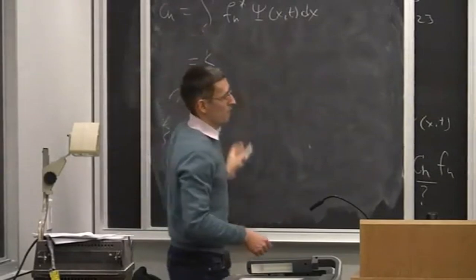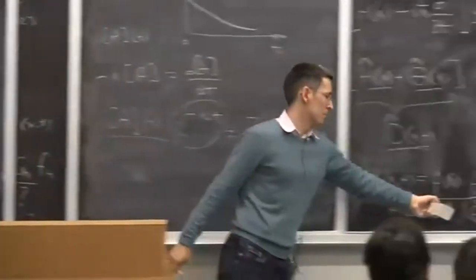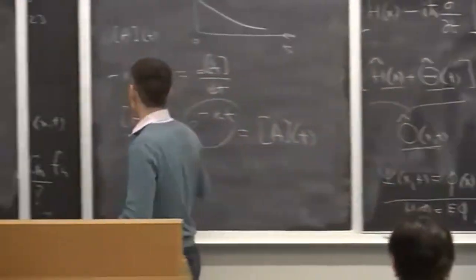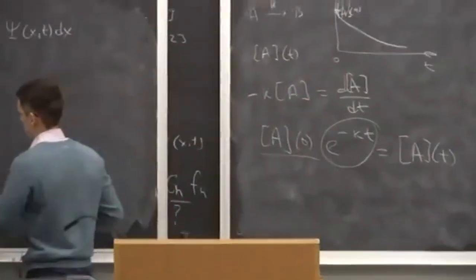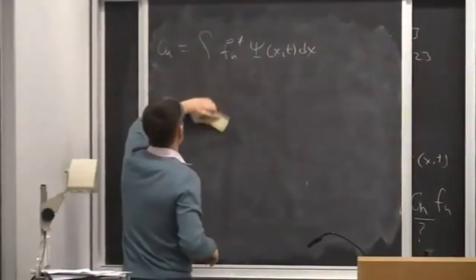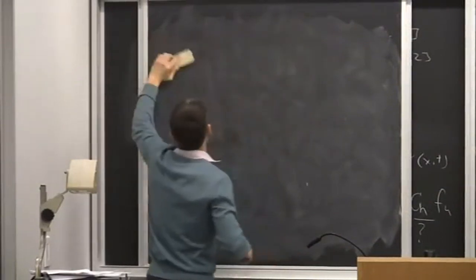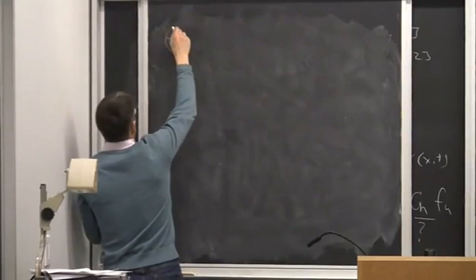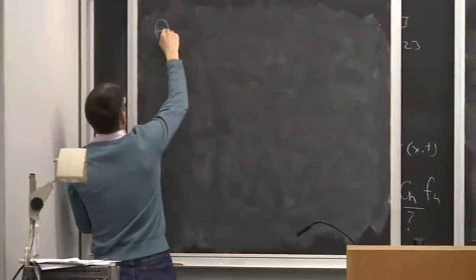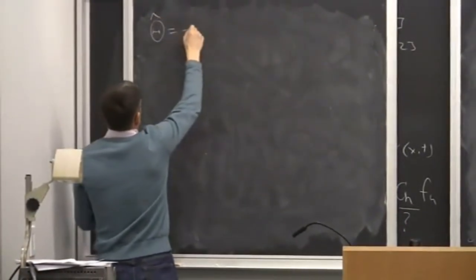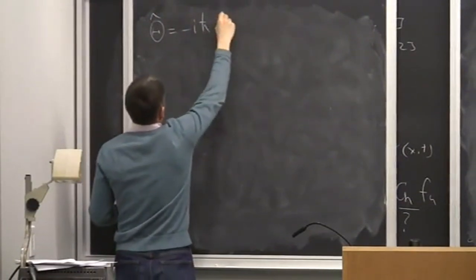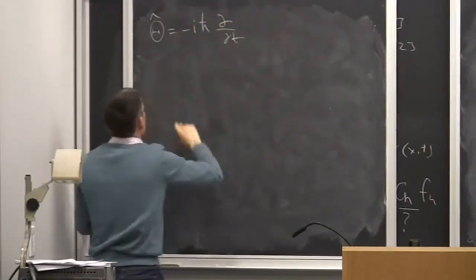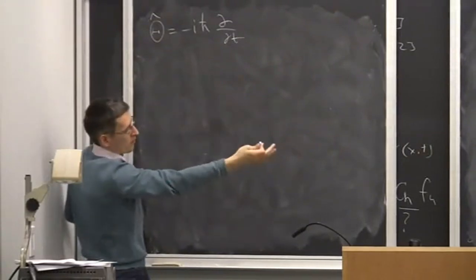because this equation is pretty much a quantum version of this, but the math is exactly the same. So let's just write it down. The theta operator, right? It's minus i h bar d over dt. And so what kind of equation do we have?